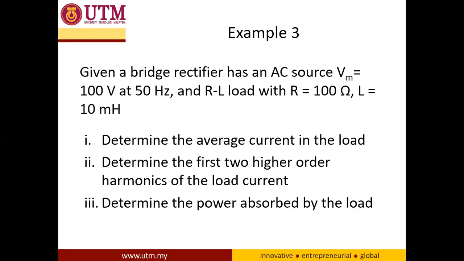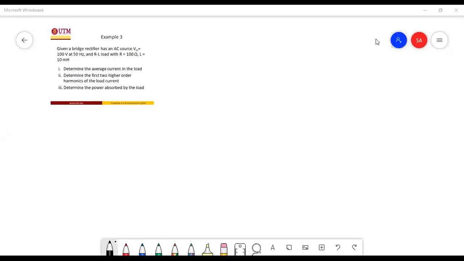So we continue with example 3. Number 1, determine the average current in the load, which refers to the DC component of the output current.